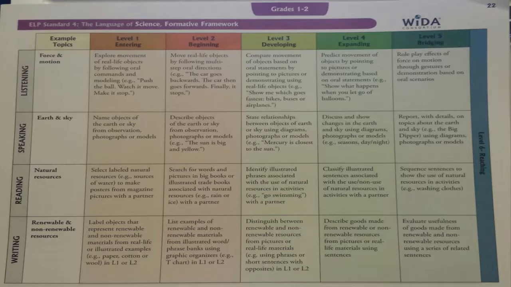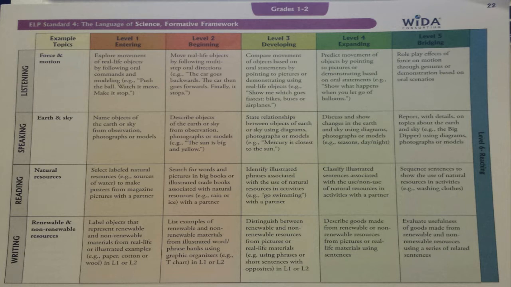We can use the same example of a first grader who scored a 1 on his or her listening. According to this descriptor, a teacher can determine what this student can do, for example, in the domain of listening, with the example topic of force and motion.